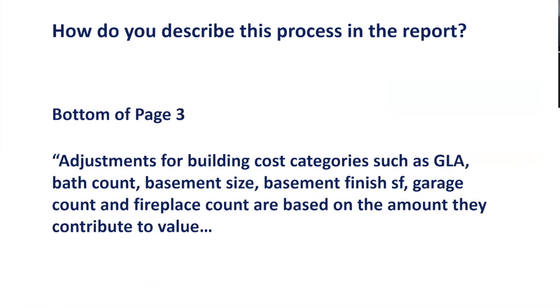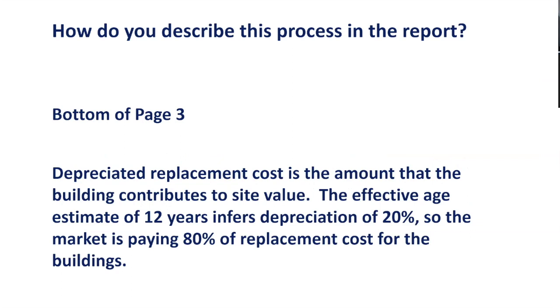So here's page 3, at the bottom of page 3, right above the cost approach. I'll state adjustments for building cost categories such as GLA, bath count, basement size, and so on are based on the amount they contribute to value. In this case, the effective age is 12 years. It infers a depreciation of 20%. So the market is paying 80% of replacement cost for the buildings.